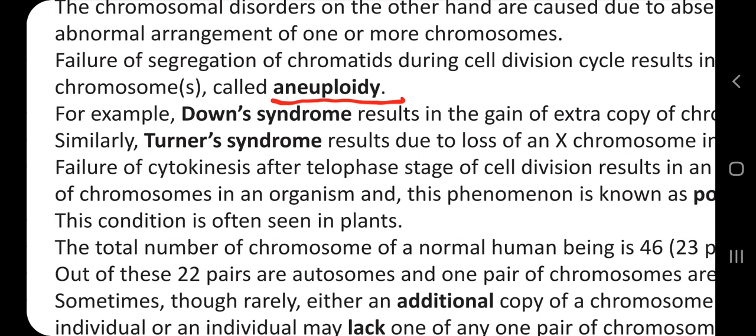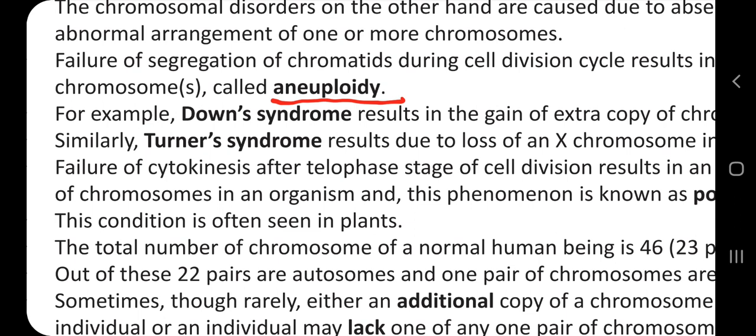So there are many possibilities, but yes, you will encounter tetraploids, hexaploids, pentaploids, triploids in case of plants, not in case of humans and other animals, because the number of chromosomes is very crucial in case of humans and other animals. We cannot tolerate a single addition or deletion of any chromosome. You will learn later how it has serious effects on human beings.